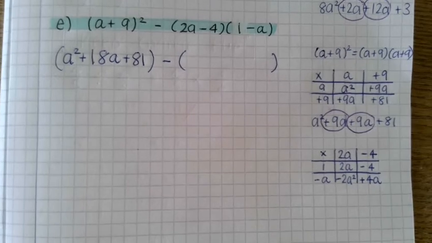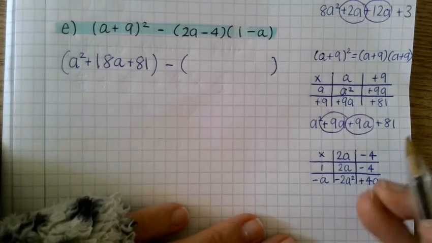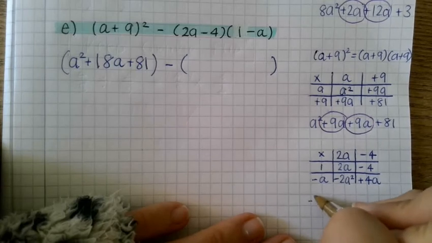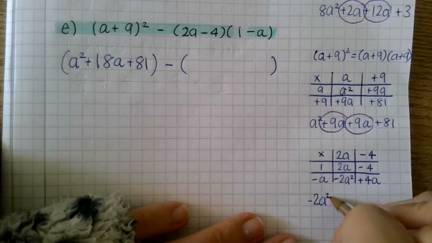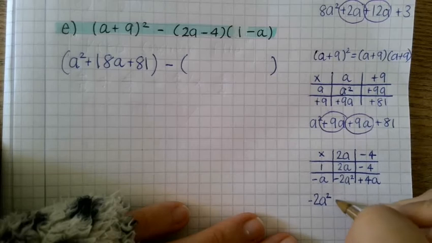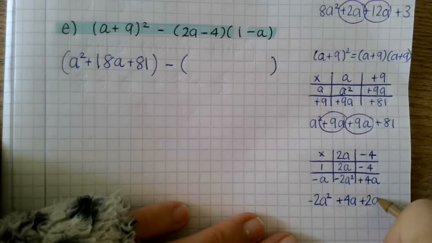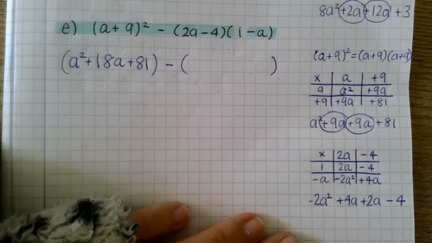Right, now adding all these up, and I'm going to be putting my square term first. So I've got negative 2a squared plus 4a plus 2a subtract 4.